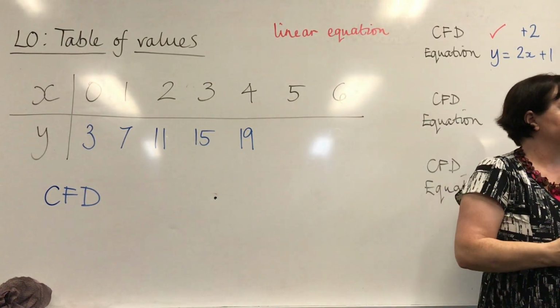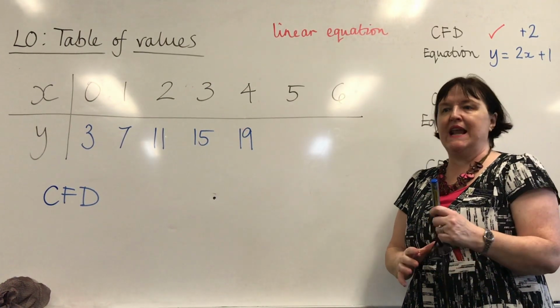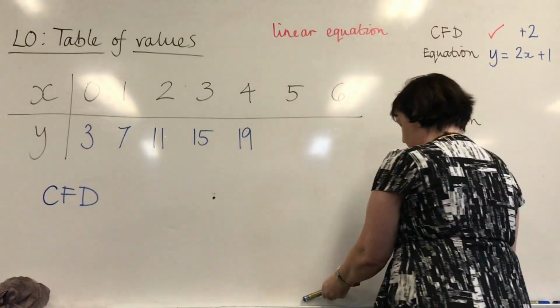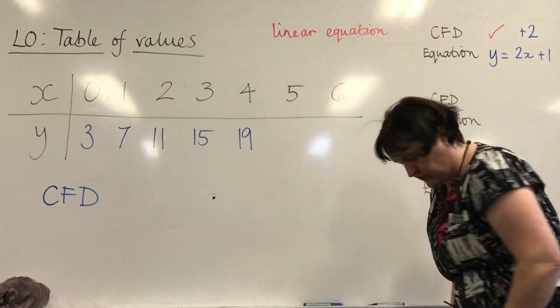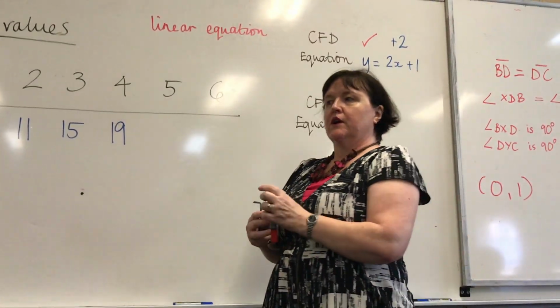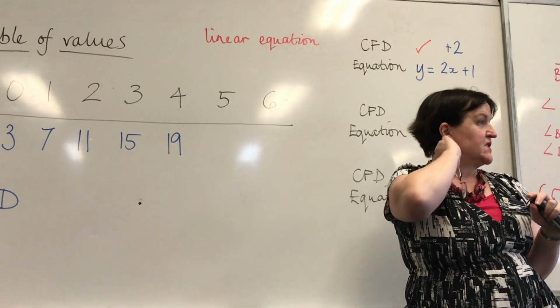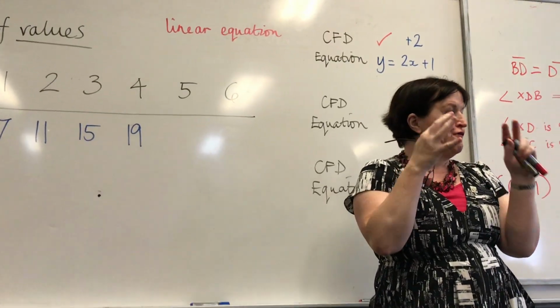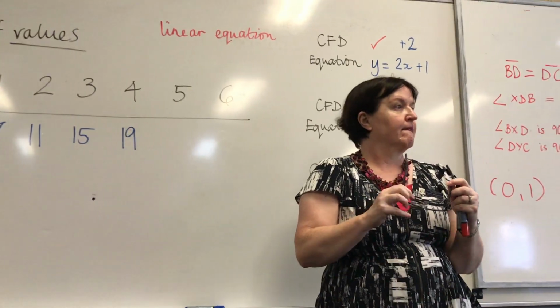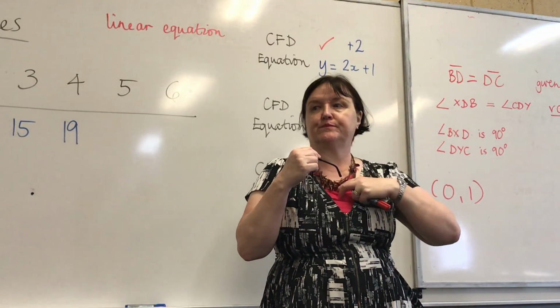Okay. So we've got 3, 7, 11, 15 and 19. Now, when we're given a table of values like this, what's the first thing that we need to look at?